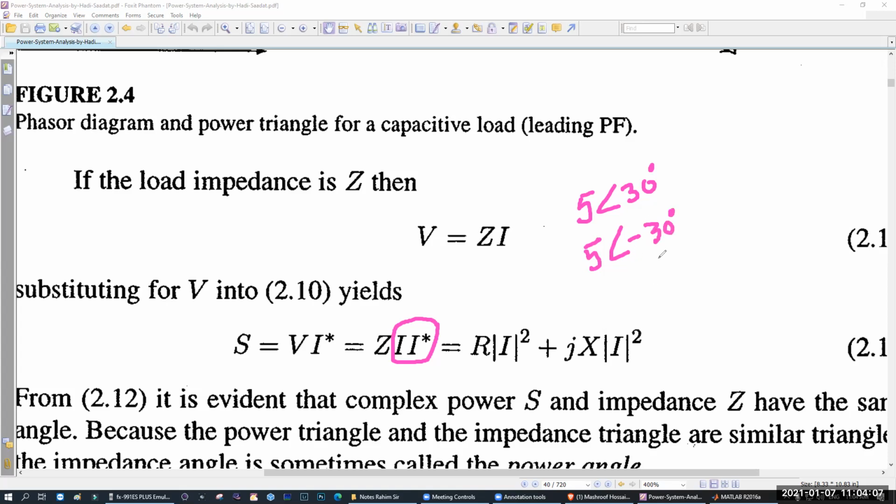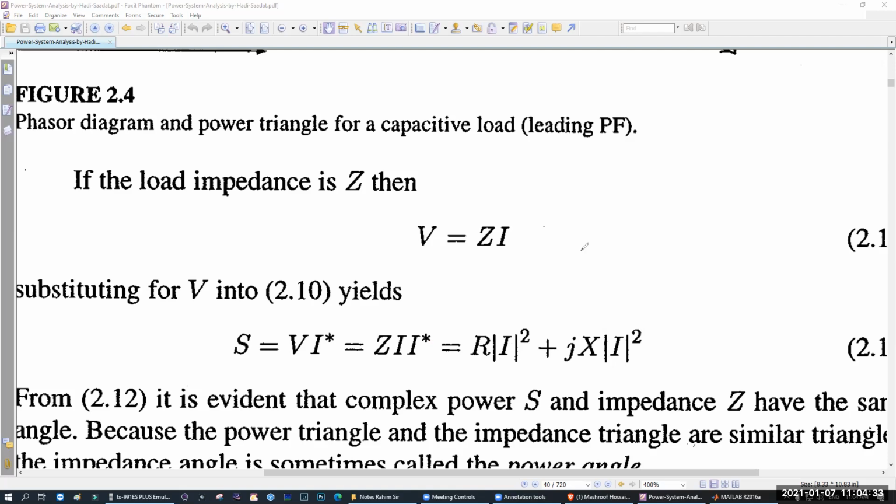Now, if you multiply them, the angle will be gone, because 30 minus 30 is equal to 0. So what you are left with is 5 square. By the way, it is not amplitude only, it is amplitude square. So this is I square.